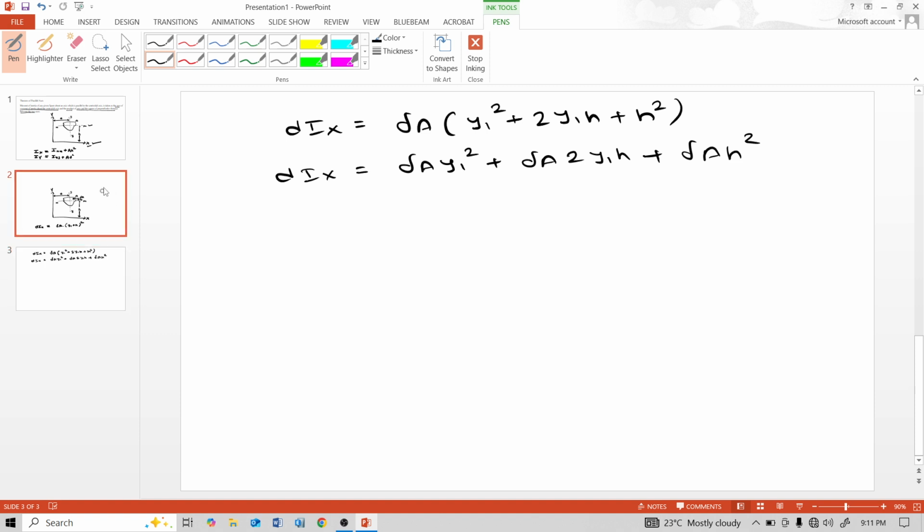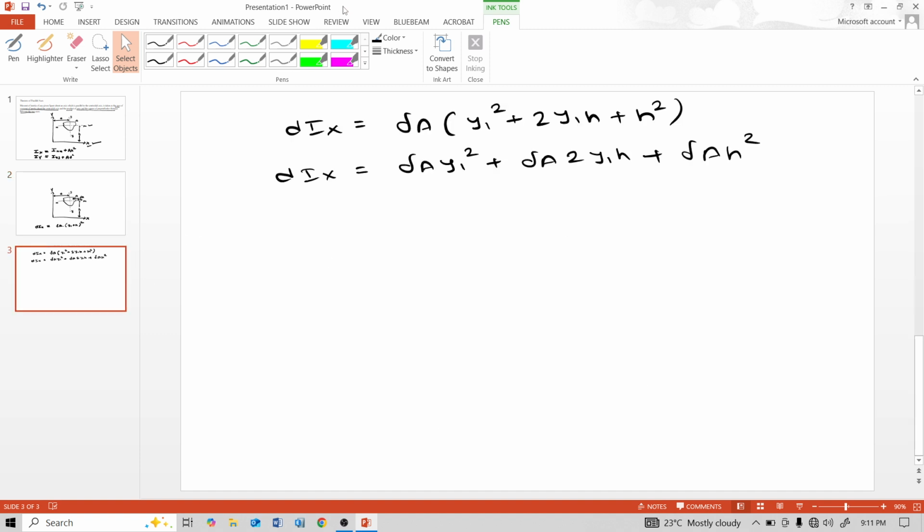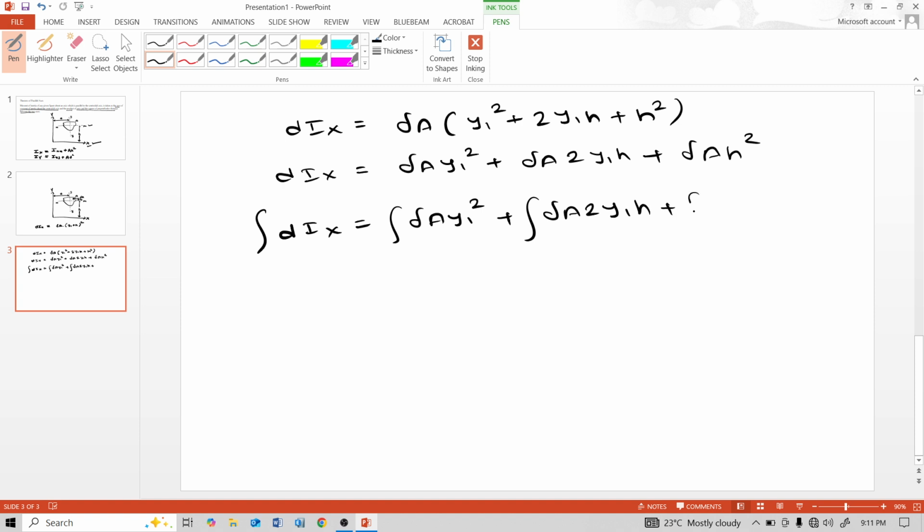Now for considering the whole body, integrate this equation. Integration of dIx is equal to integration of delta A y1 square plus integration of delta A 2 y1 h plus integration of delta A h square.